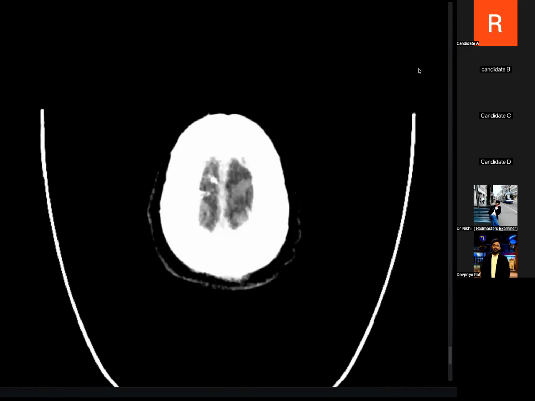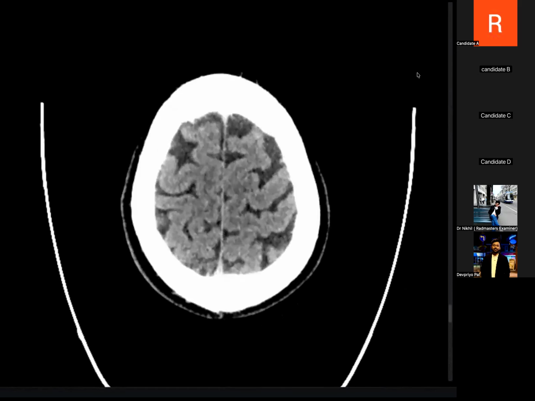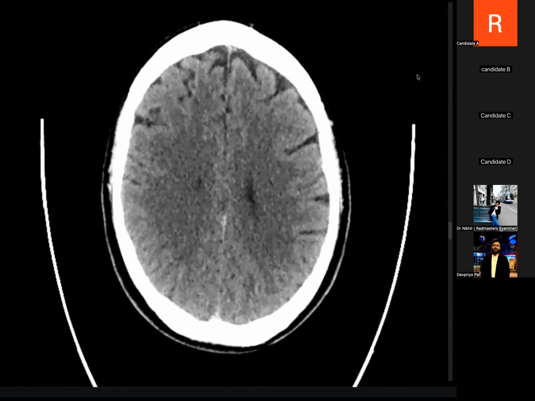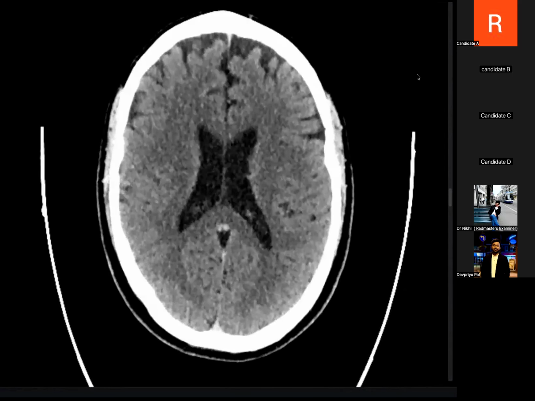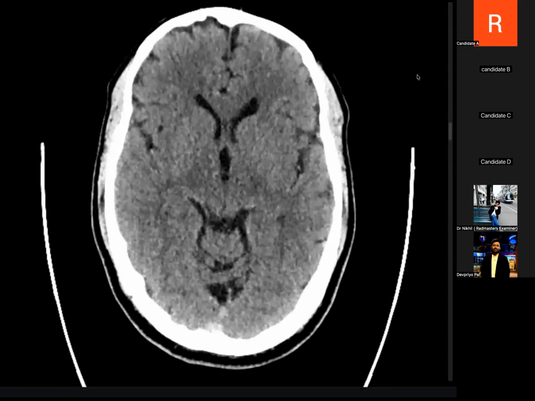I can't appreciate an obvious abnormality, so I'm going through systematically. Here I cannot see any obvious intracranial hemorrhage, no midline shift. Ventricles also appear normal in size, the lateral ventricles.